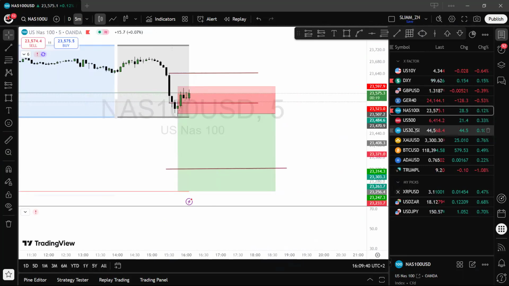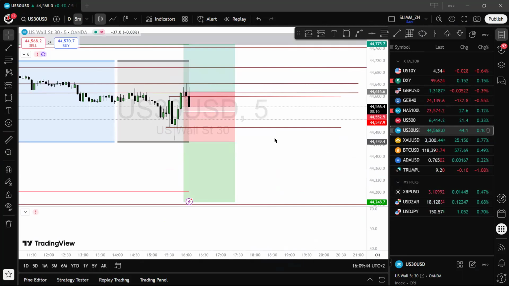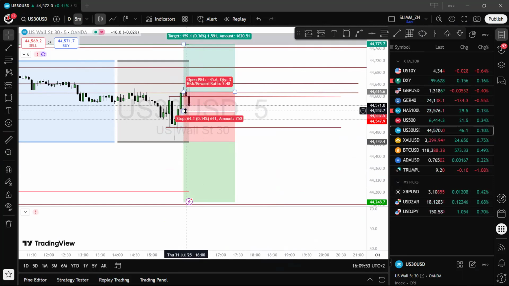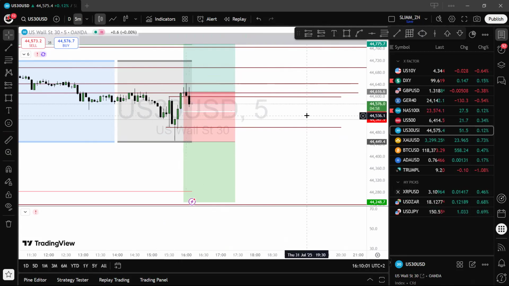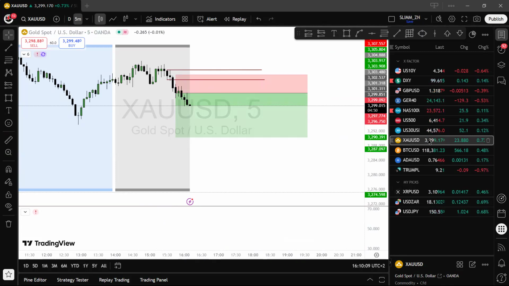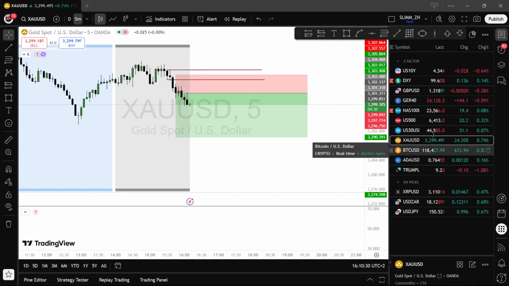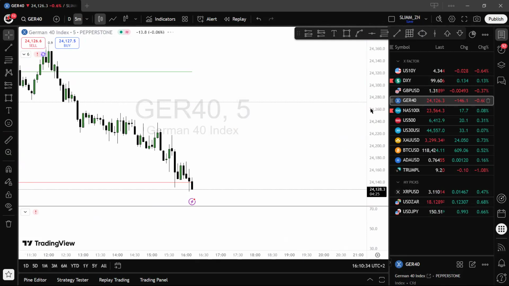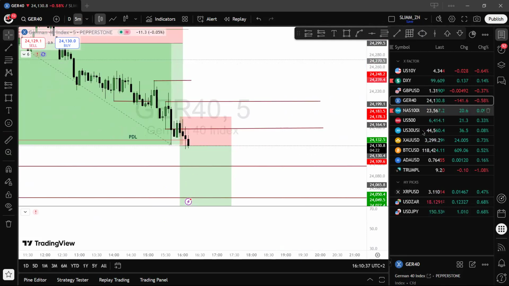US100 wants to take us out, and US30 is simply doing the same, almost on our stop loss, because the stop loss is right below the breaker. What's that? US30 hit our stop loss.